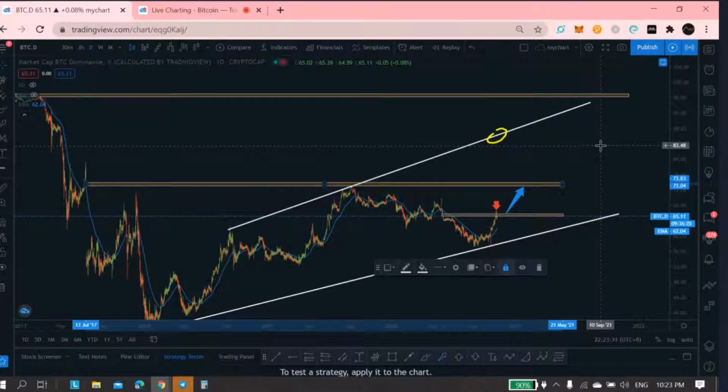So actually my focus is just trading BTC perpetual because this is the most liquid. And when I saw this chart, I thought there's really a possibility that it will fill this gap.